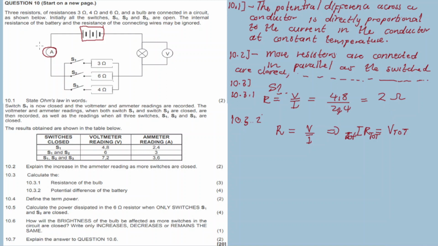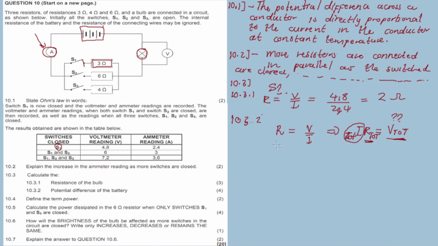Now, the current for switch 1 is this total current. In order to calculate V, I need to calculate the total resistance for the circuit. When I close switch 1, the 3 ohm resistor is connected in series with this 2 ohm bulb.